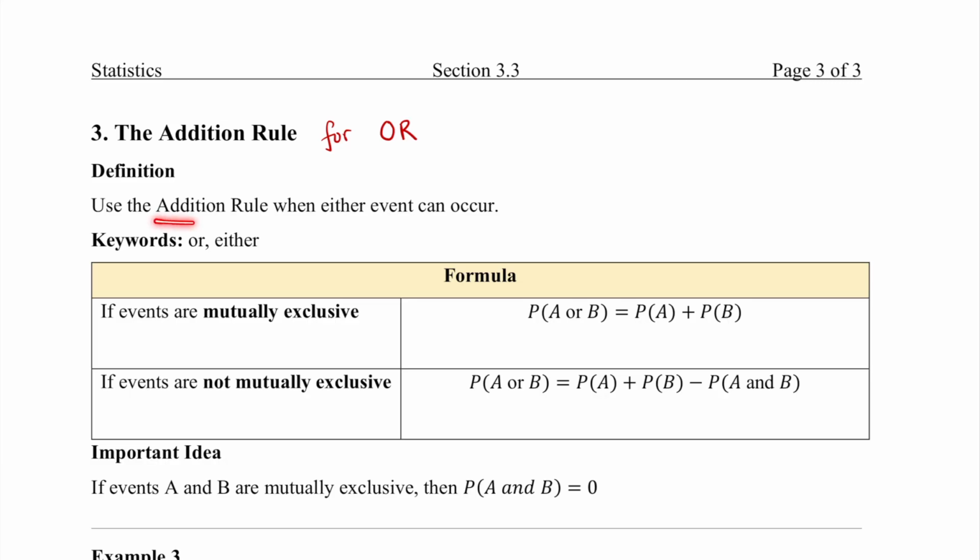The addition rule is used when either event can occur. The most common keyword that signals the addition rule is the word "or." When you see the word "or," ask yourself, are we looking for one event, another event, or both?